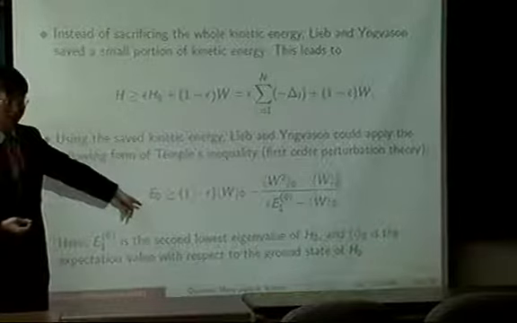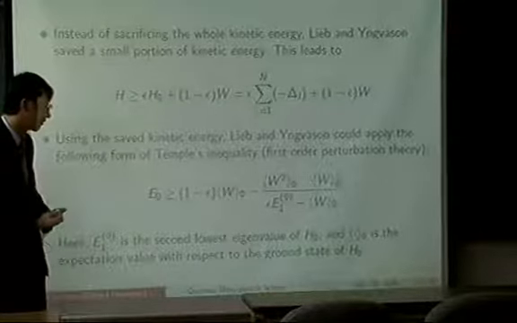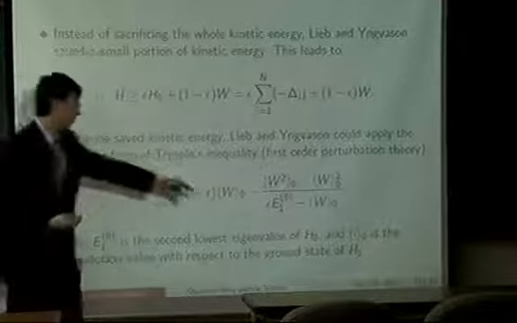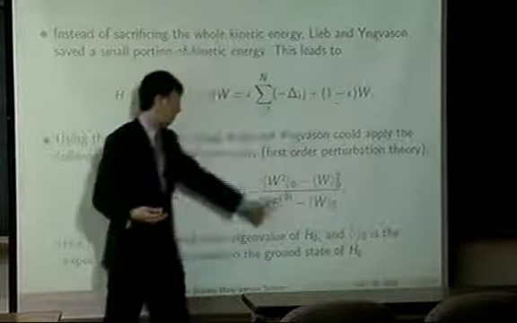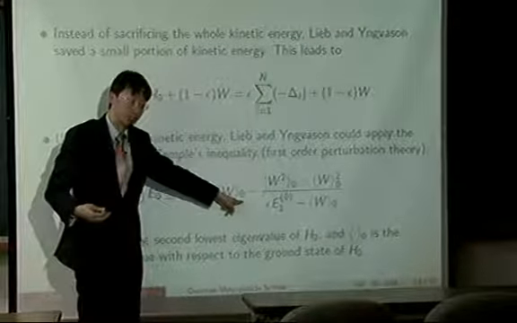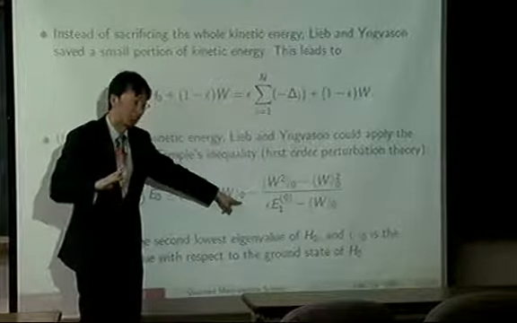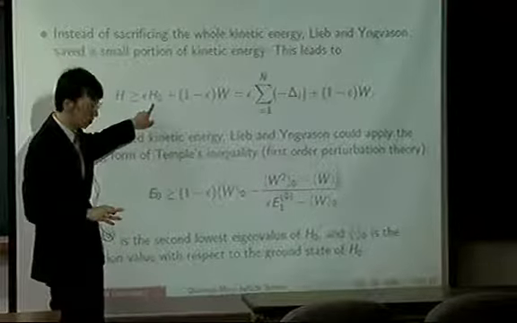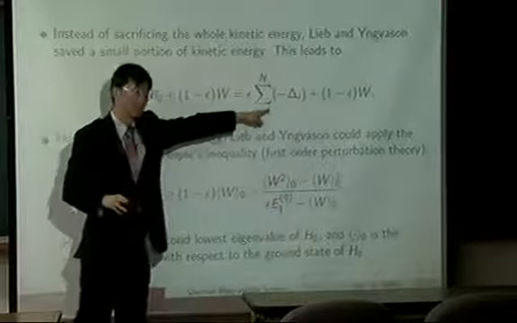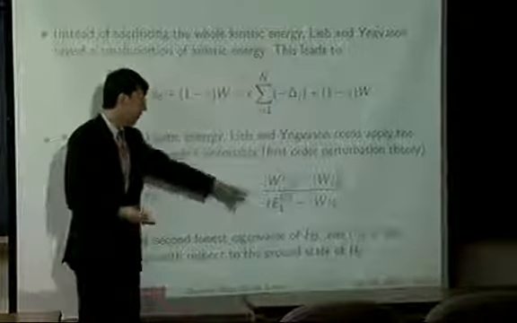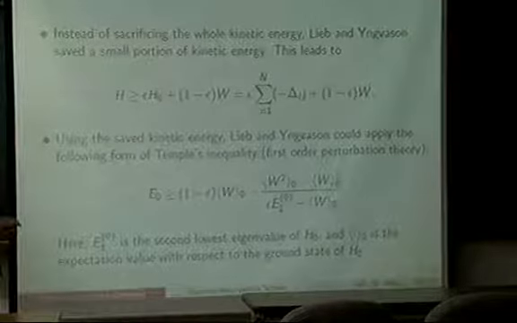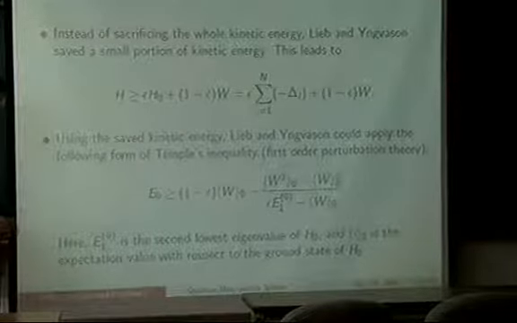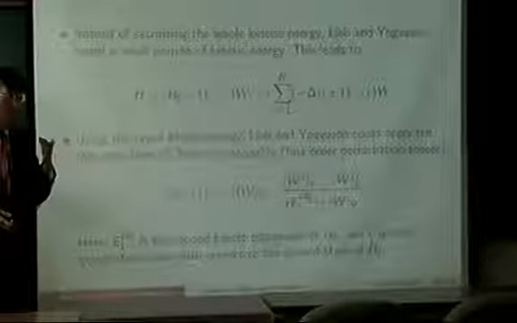So the ground state energy can be calculated by the expectation value of this potential term with respect to the ground state wave function of this H0, the Laplacian without any potential, minus some error factor. Then it can give the correct lower bound.